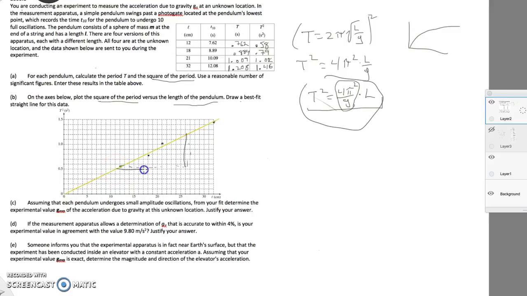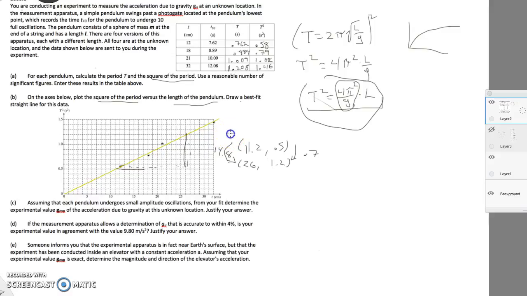So that's like 11.2, 0.5, and this point is at 26, and this would be about 1.2. So we want to find the slope. So that's an increase of 0.7. This is an increase of, let's say, 14.8.